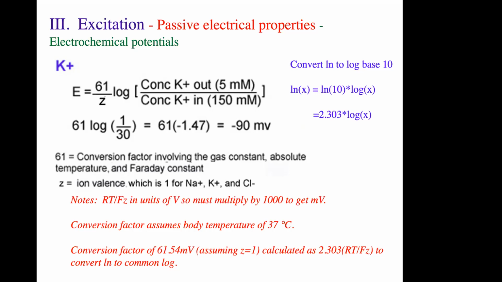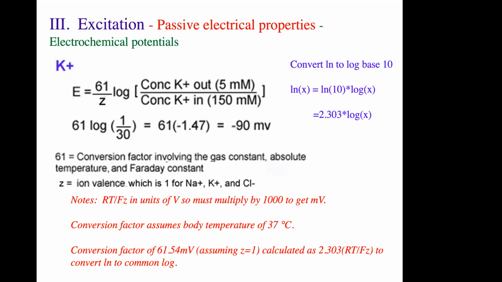The ion concentrations are a ratio, so it's unitless, but the RT/FC is in volts, and so we want it in millivolts, so we just multiply it by 1,000. They've already multiplied this by 1,000, and that step is not shown here. It's minus 90 millivolts, but it's 0.09 volts.